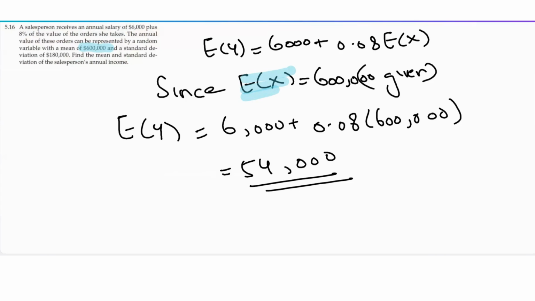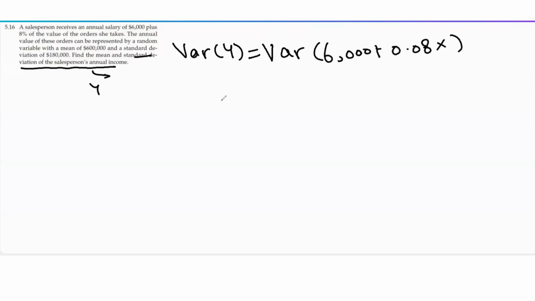Now we want to find the standard deviation of the salesperson's annual income, which is Y. For that, we'll first find the variance of Y, and then take its square root to find the standard deviation. We defined Y to be 6,000 plus 0.08X.